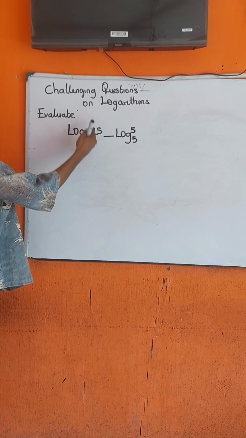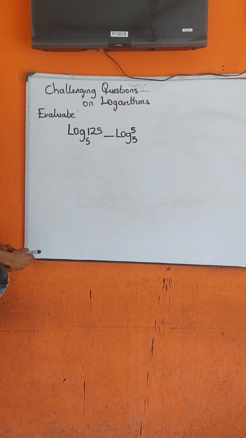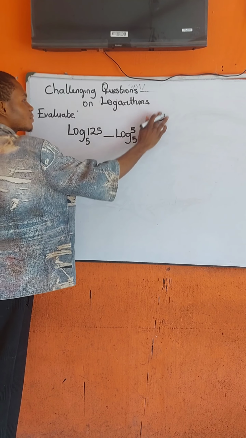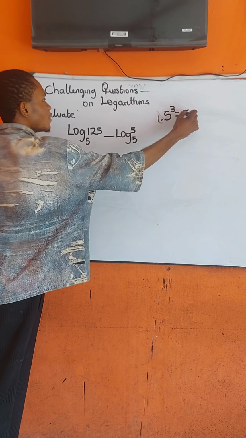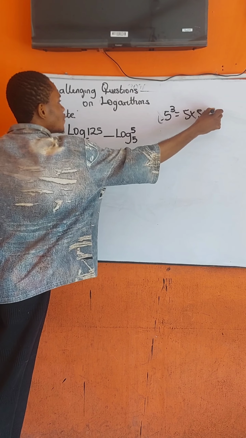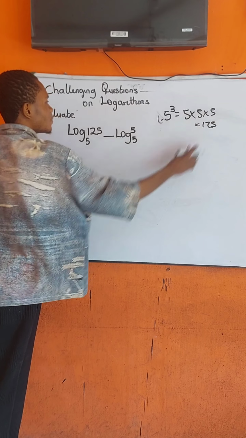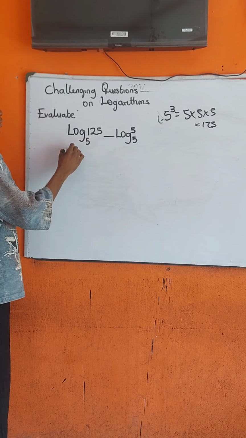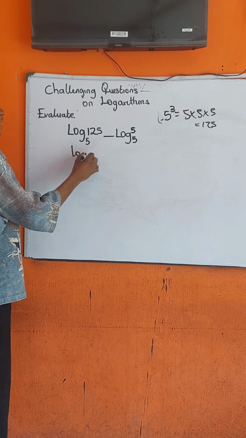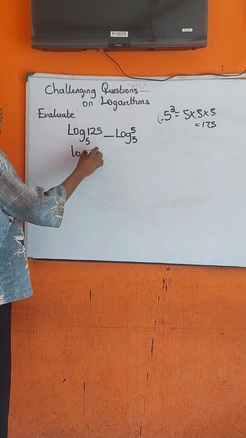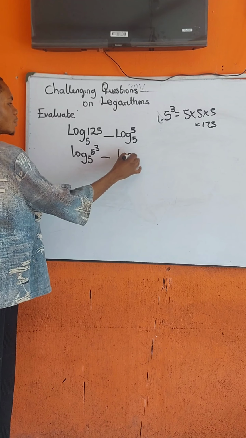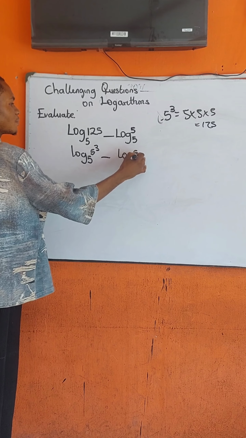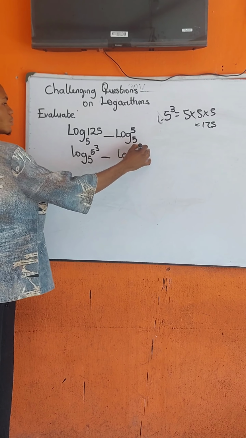What power will 5 be raised to give me 125? 5 raised to the power 3 is 5 times 5 times 5, which is 125. That's correct. So now I have log 5 raised to the power 3 minus log 5 raised to the power 1.